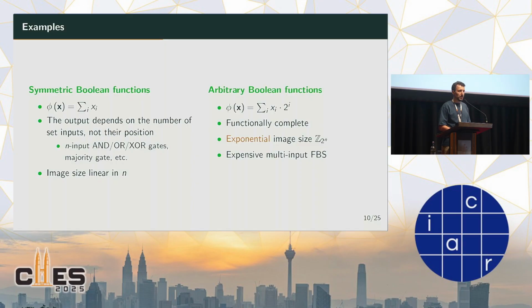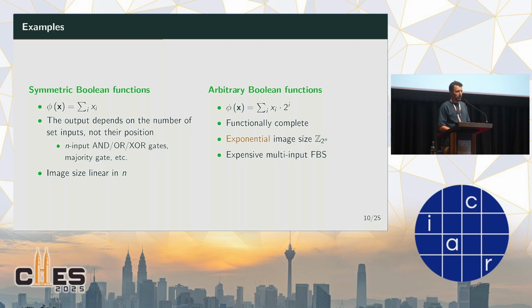If a function is symmetric, you'll be able to evaluate an n-input symmetric Boolean function with a functional bootstrapping of size n. And there are a lot of symmetric Boolean functions in practice, like the AND, the OR, the majority functions.